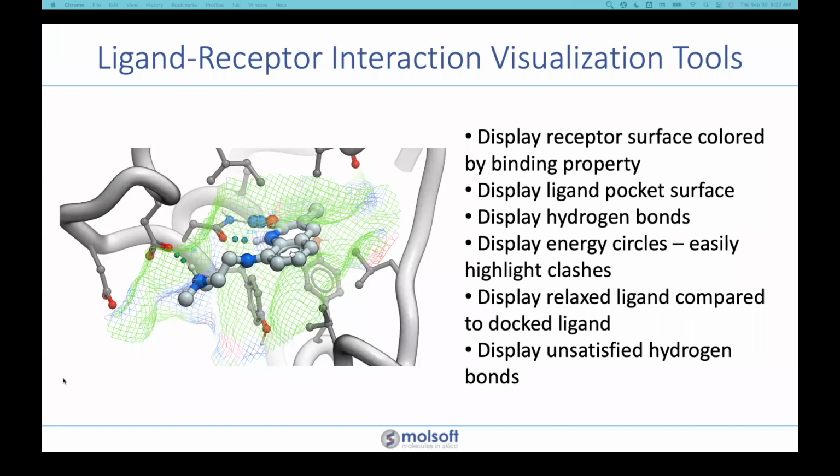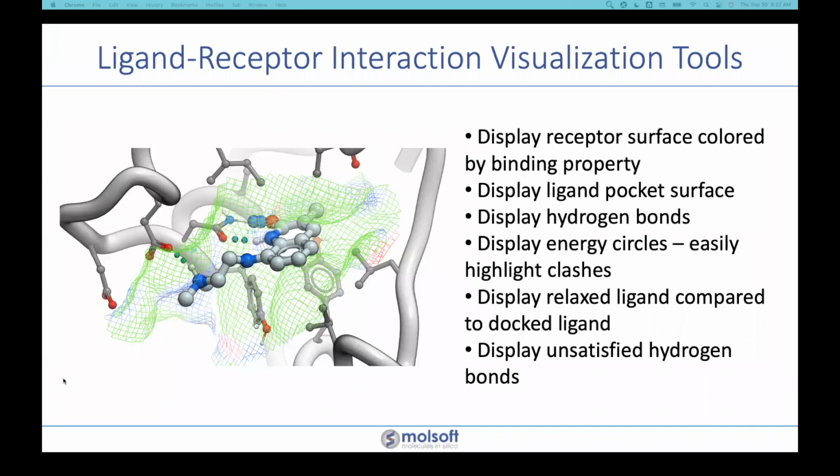You can display hydrogen bonds, which are spheres, and the thickness represents the strength of the hydrogen bond, and the coloring also indicates the strength. We have circles around each bond, called energy circles, which represent the energy. If the energy is poor, they'll be red. If the energy is good, it'll be green.